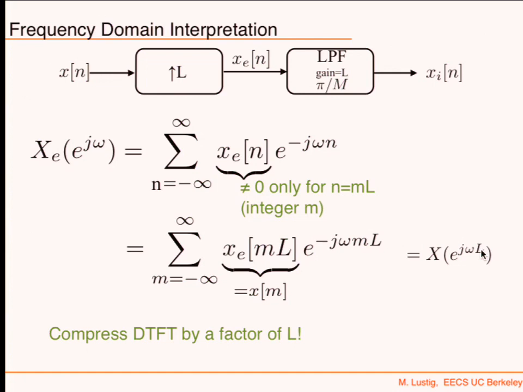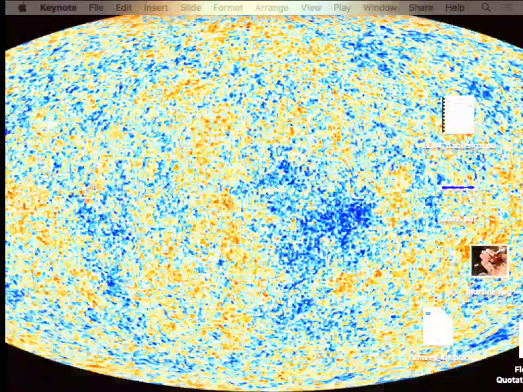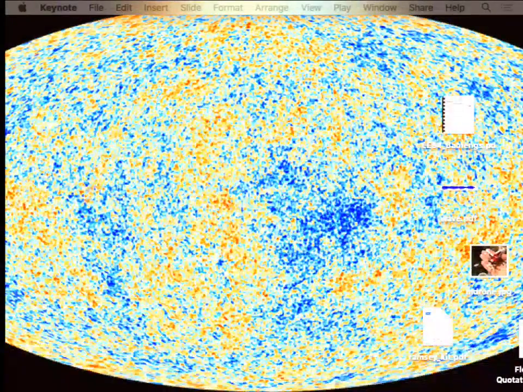Yeah. For the low-pass filter, is that pi over m or pi over L? You're good. You guys are good. I'm putting these on purpose. You guys are great. Wow.